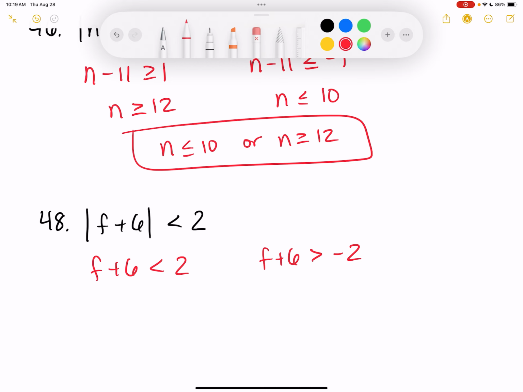So subtract the 6. f is less than negative 4. Over here, subtract the 6. f is greater than negative 8. So f is greater than negative 8 and less than negative 4. So I'm going to have negative 8 is less than f is less than negative 4.